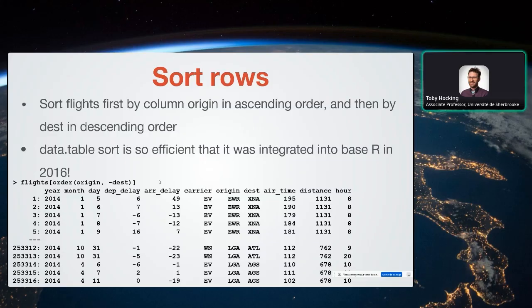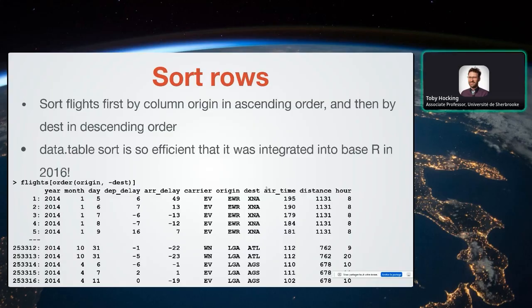To sort the rows, you use this order function inside of the first argument. So here, you sort by origin increasing and destination decreasing. And actually, this sort function is one of the key secrets to the efficiency of data.table. It's so efficient that it was adopted and integrated in base R in 2016.